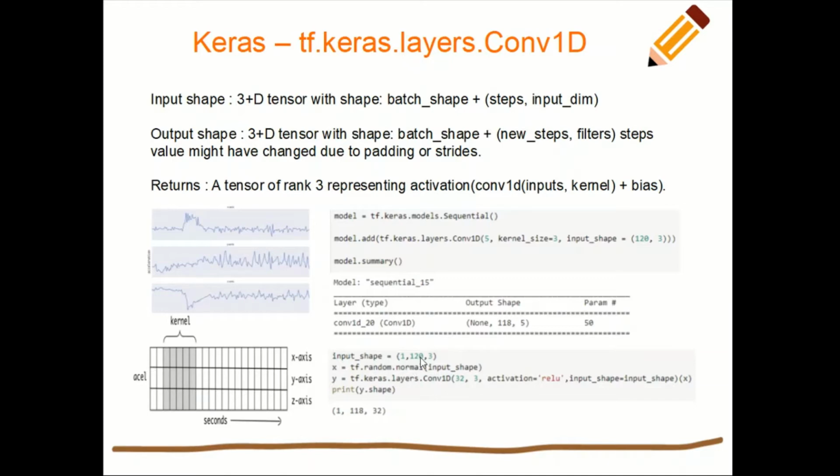Now how did this 120 get reduced to 118? Because the filter size was 3, and if we step this filter through these 120 samples till the end, we can do it 118 times, right? Because when it is at the 118th position, it covers 118, 119, and 120.